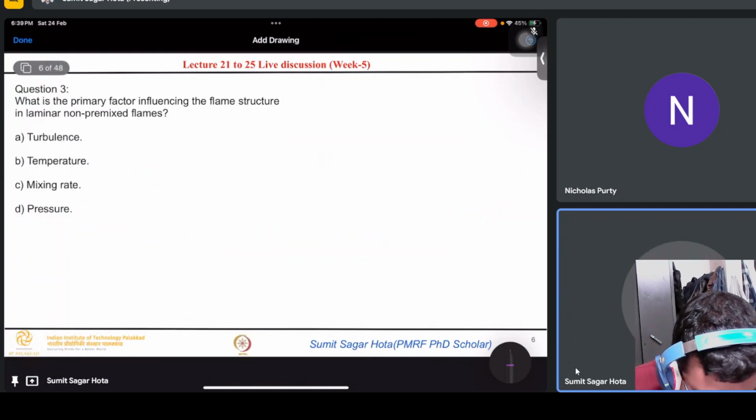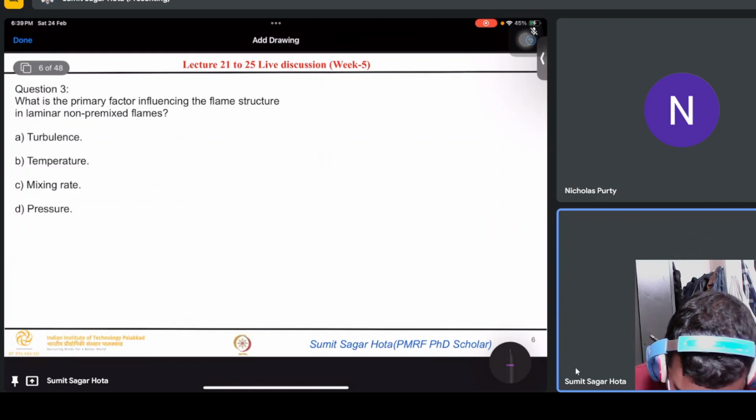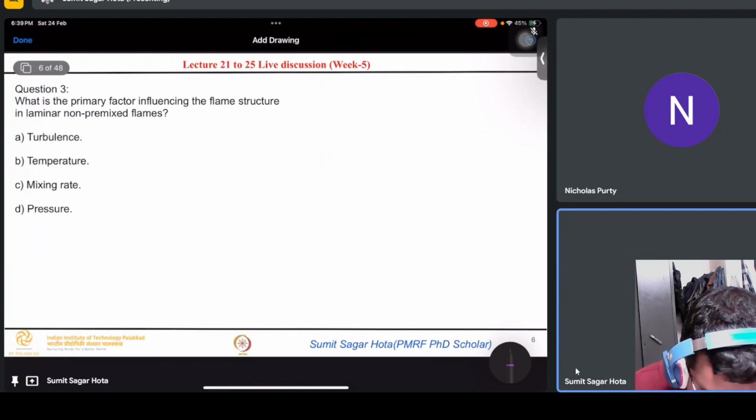What is the primary factor influencing the flame structure in laminar non-premixed flames? Turbulence is a factor, temperature is also a factor, pressure is also a factor, but heating rate is the important factor.